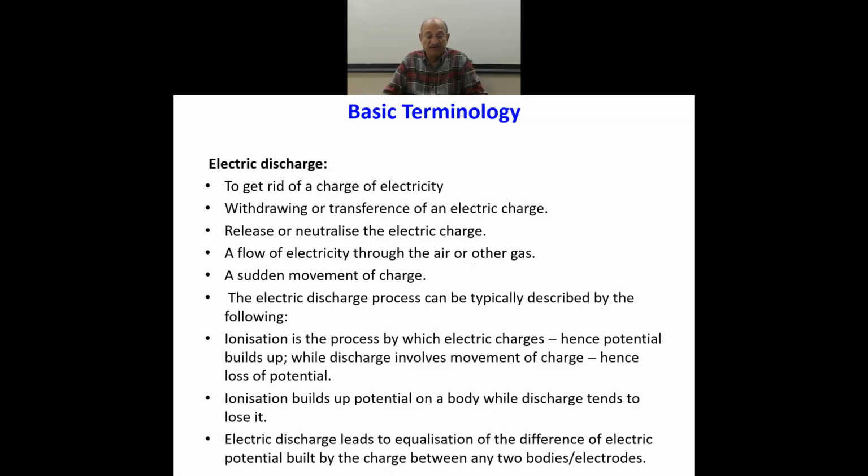You are well insulated from the ground, but when you touch any metallic part, the charge becomes restless and it is discharged there. So that is the discharge process, and in the process I've also explained the production of charge.